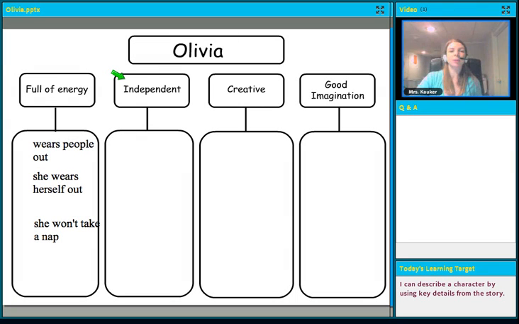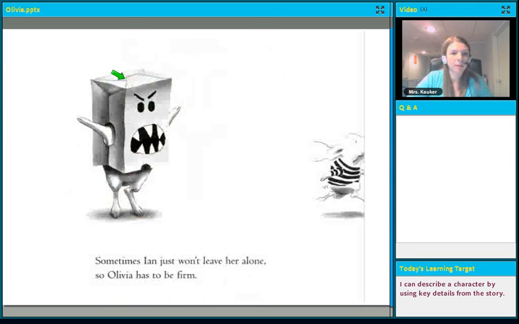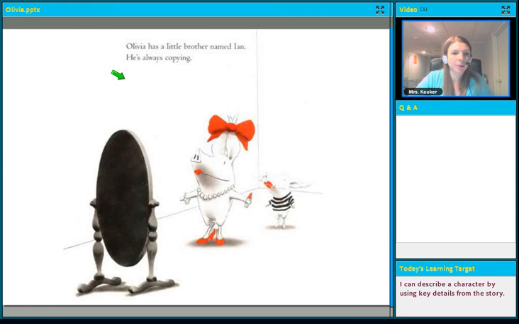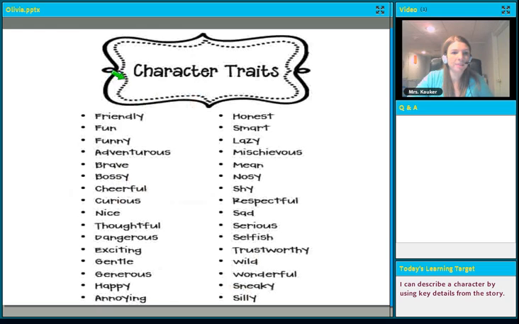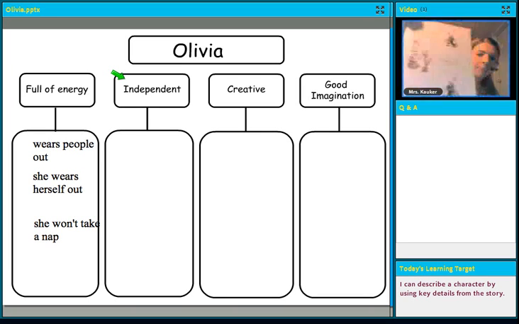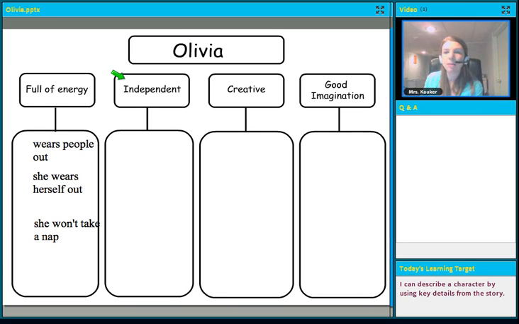Maybe I'll turn to it here. Hold on. No, not on this part. Never mind. It's on the page that doesn't show anymore. So here is some things. Anybody want to help me out?